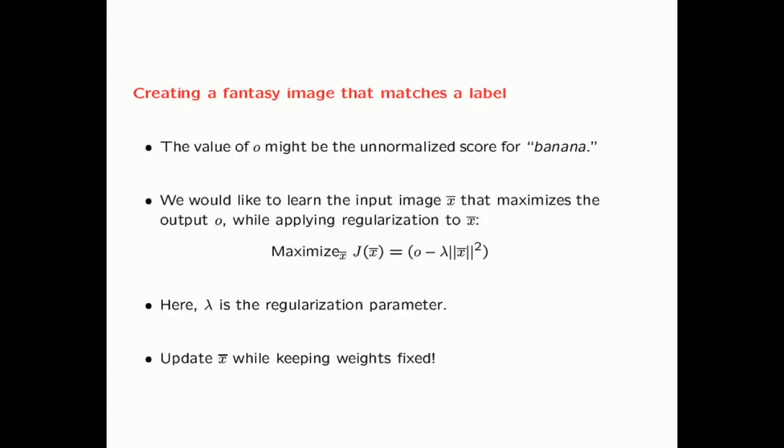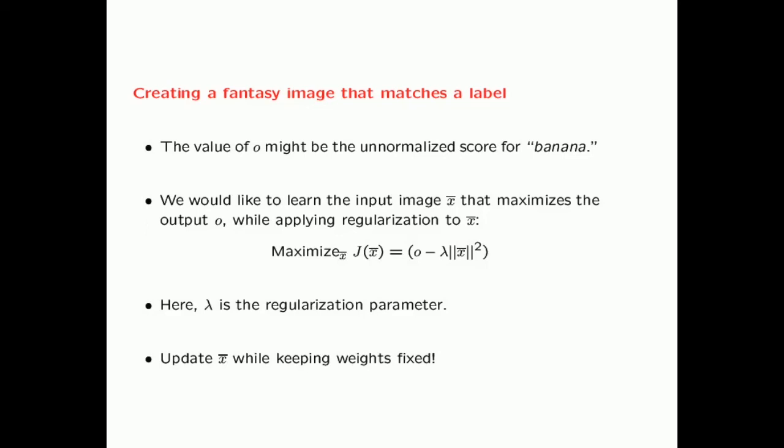Normally we train the weights of a neural network. Here our training is somewhat different. We are trying to find the input image that is most likely to light up a particular output, for example a banana or a goose. What kind of image would be most likely to maximize the score of banana?